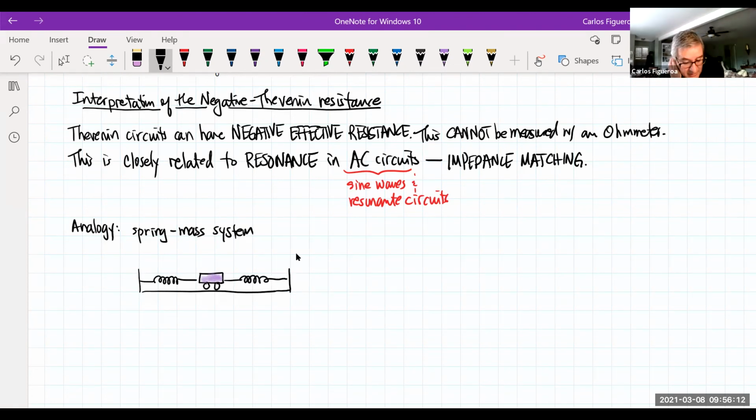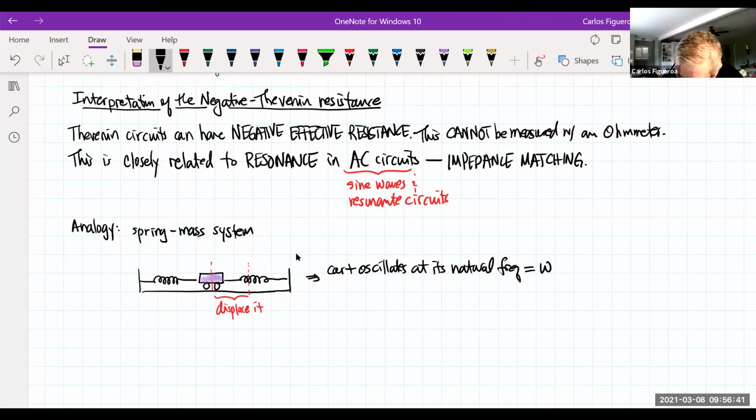And what you can do here is take this cart and displace it from the equilibrium. And so what happens is that the cart oscillates at its natural frequency. In this case, I'm going to call the natural frequency omega naught.